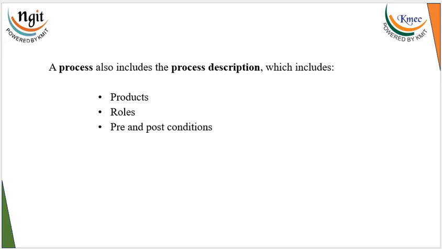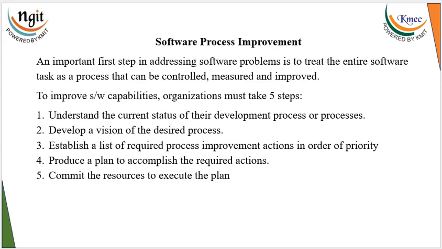Whenever we think about improving your software process, we are supposed to understand what this software is and how this improvement can be done. The important first step in addressing the software process is to treat the software as a single, complete unit, so that this process can be controlled, measured, and improved successfully.